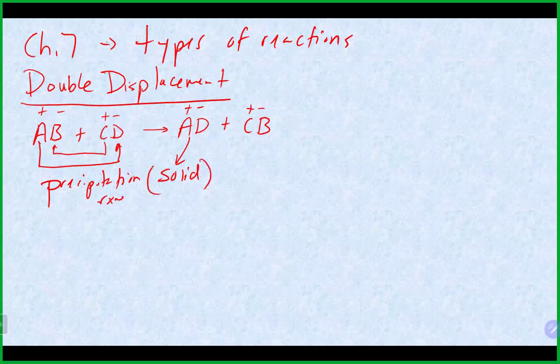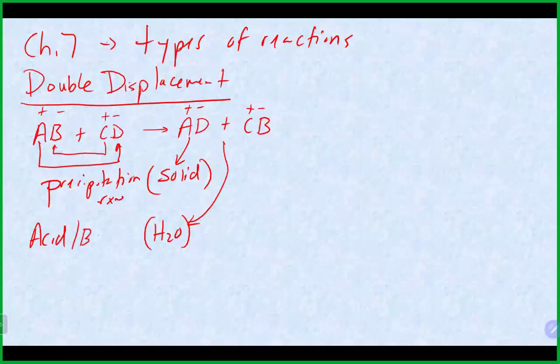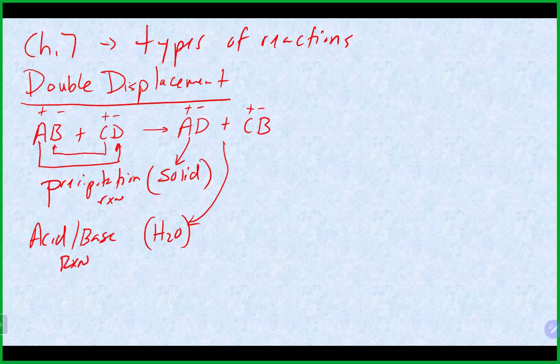The other thing that can happen in a double displacement reaction is that one of these guys forms water, and the formation of water is the second reason why a reaction will take place. Typically acid base reactions, as we'll talk about more today, are the ones that form water. So out of the three reasons you could identify for any reaction taking place, solid or water being formed fall under the double displacement umbrella.